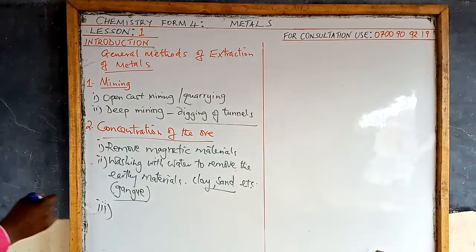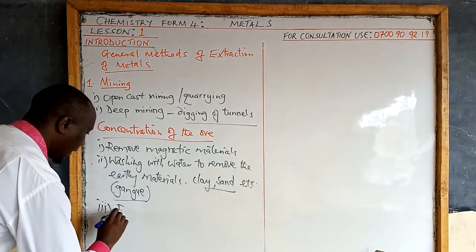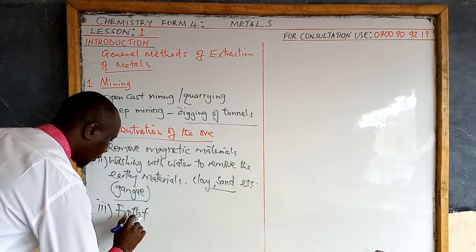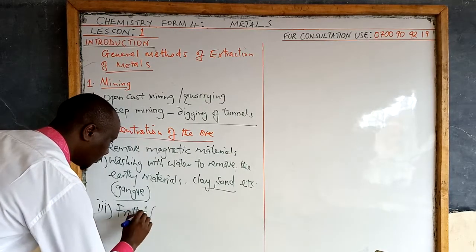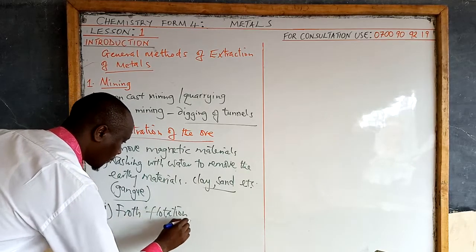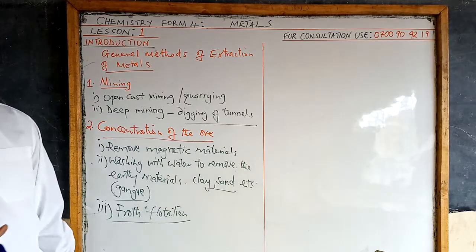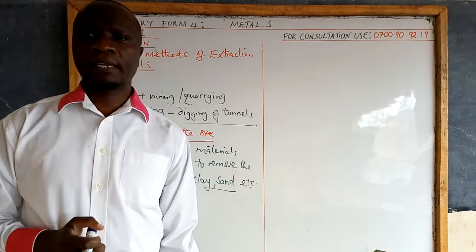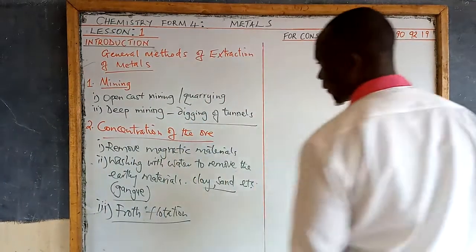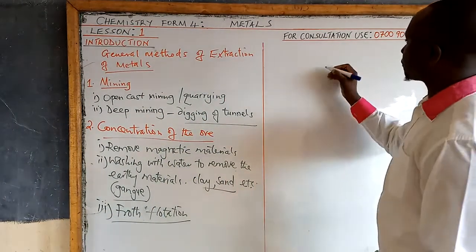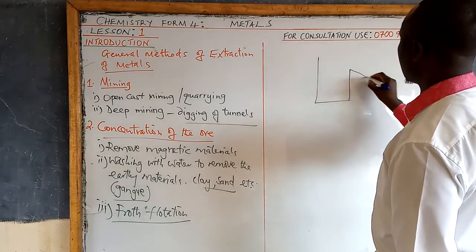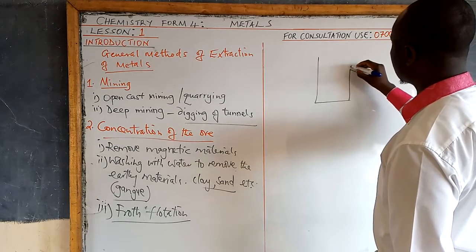Some metals will be concentrated by froth flotation, and others will be concentrated by what we call chemical leaching. So first, what is froth flotation? Here, we just use a very simple setup.